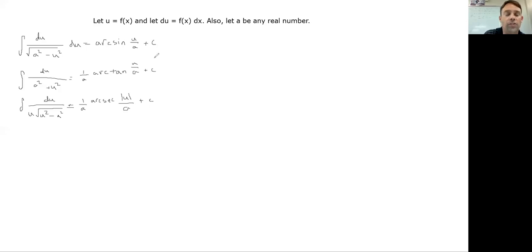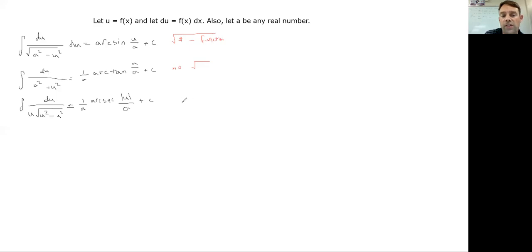So how can you tell which one's which? Well, first of all, for tangent, there's no square root. For arcsine, underneath the square root, we're always going to have a number minus a function. And again, the number will be squared and the function will be squared.